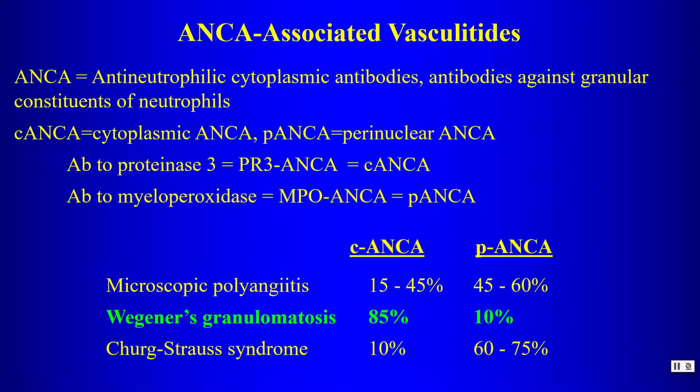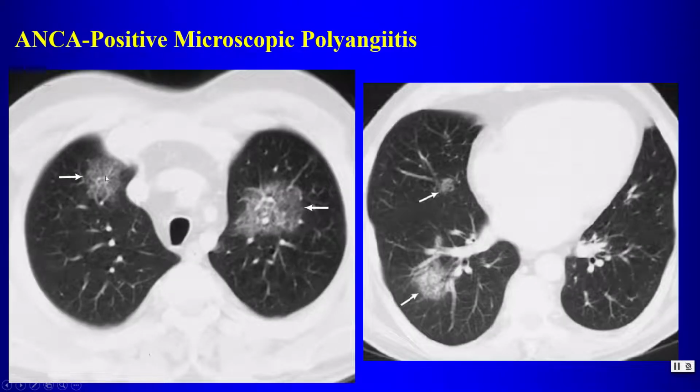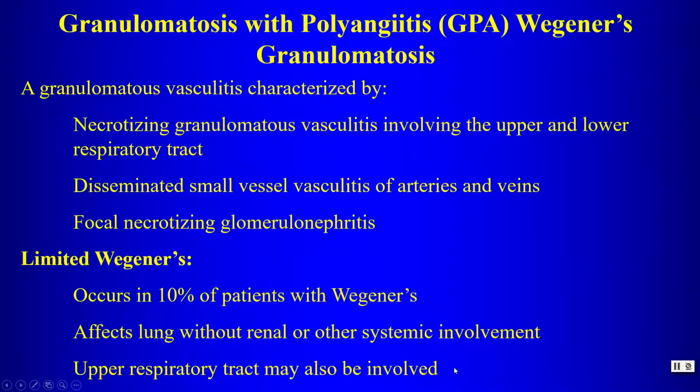This represents Wegener's granulomatosis. So in these patients with Wegener's, most of them will have elevated C ANCA levels, and these patients can develop then these consolidations here within the lungs as a result of pulmonary hemorrhage.